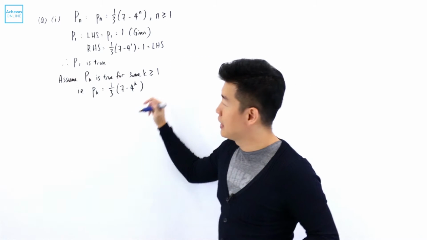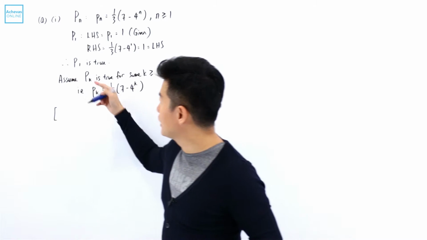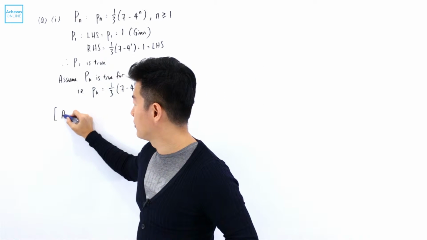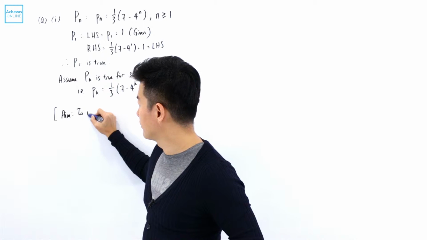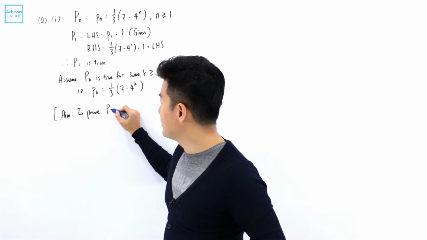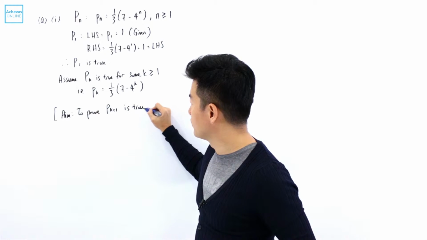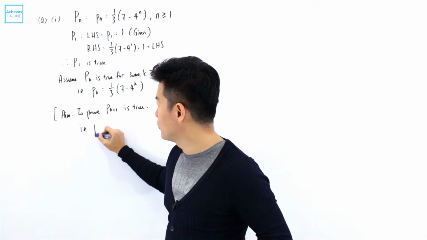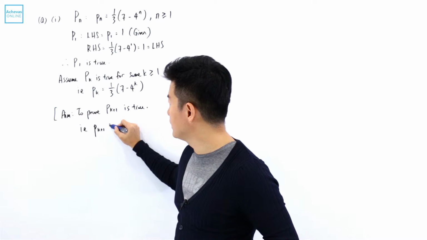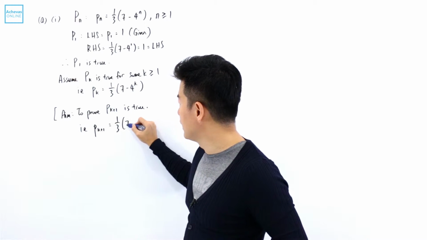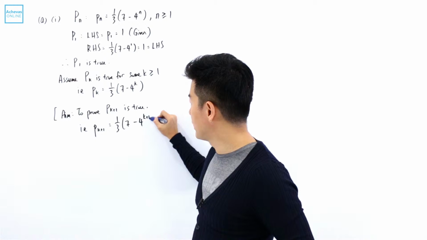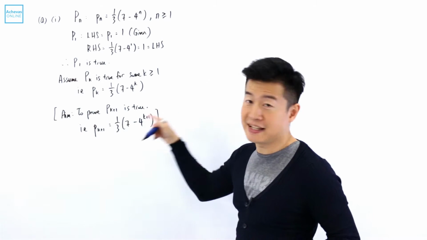This is my assumption, and what is my aim? My aim is to make use of this assumption to prove that the Pk plus 1 proposition is also true. Which means that I'm trying to prove that Pk plus 1 is equal to 1/3 (7 minus 4 to the power of k plus 1). Okay, this is my aim.